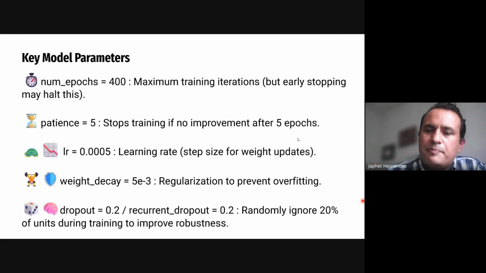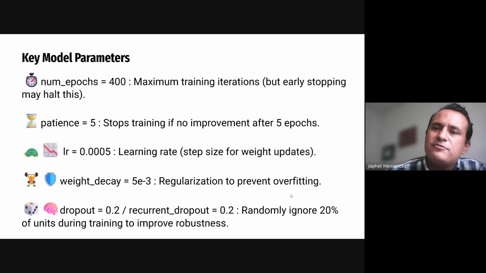Furthermore, we have the epochs, which is the maximum number of times that the model sees the entire dataset. In this case, why did we choose 400? If it was too low, less than 100, the model may underfit again. And if it was too high, it would waste computing resources, and early stopping would kick in before reaching that.